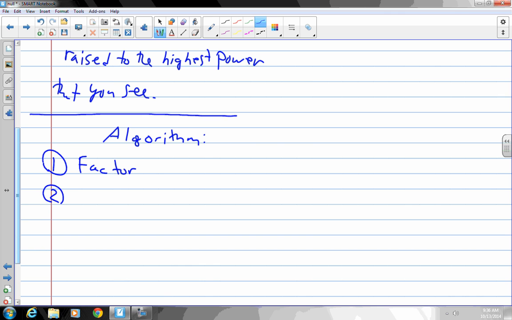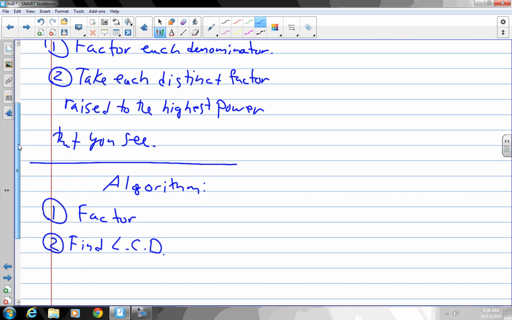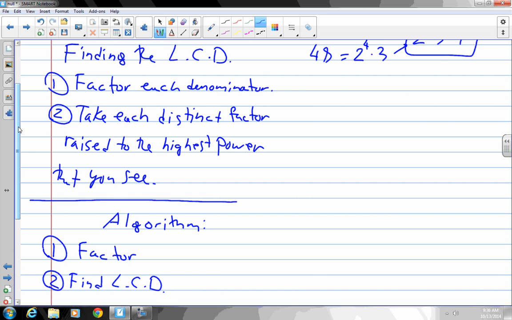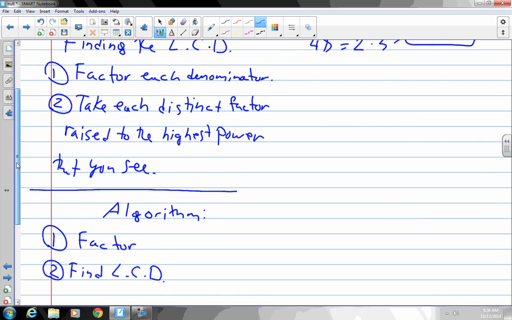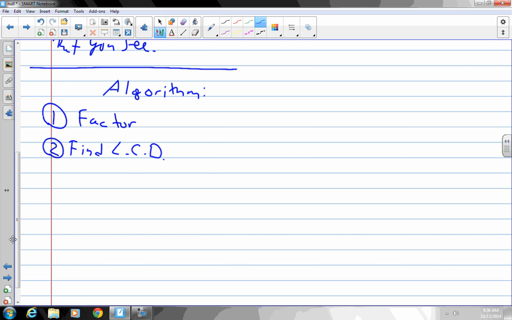The second step is to find the LCD. And this is how we'll find the LCD: just take all distinct factors to the highest power. The third step, then, you're going to compare your original denominators to the least common denominator and see which terms are missing. So let's call it find the missing terms.